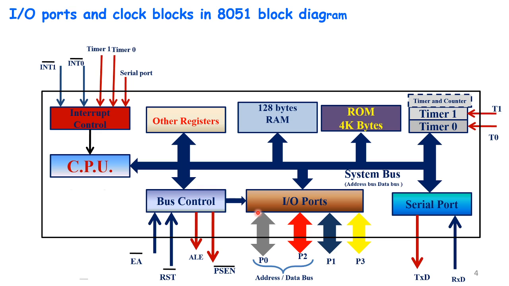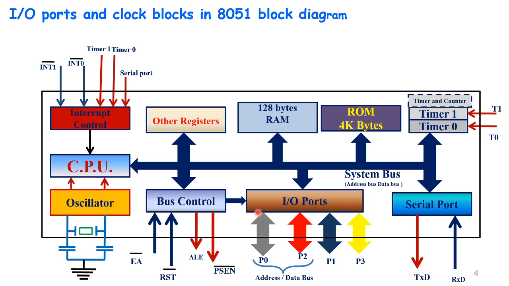Port 1 is also an input output port. Port 3 is also input output with multifunctions. So this port gives us the higher order address bus, and this gives us the various control signals for interrupt, serial communication and timers. So these are the input output ports and their functions.